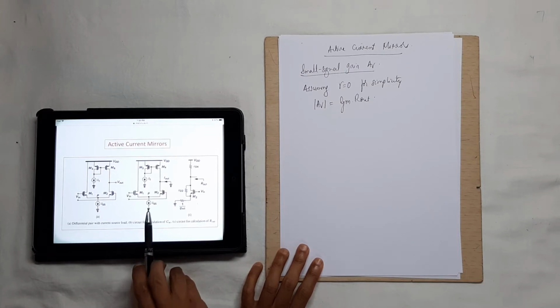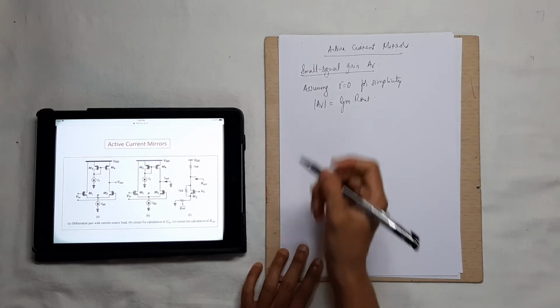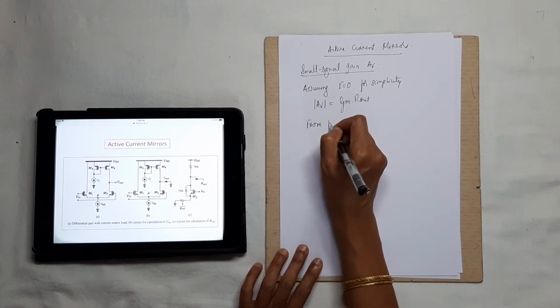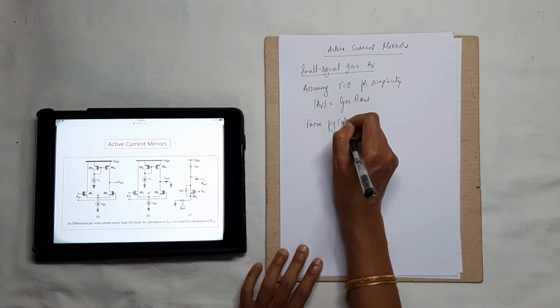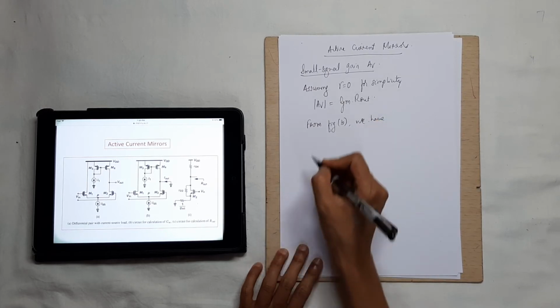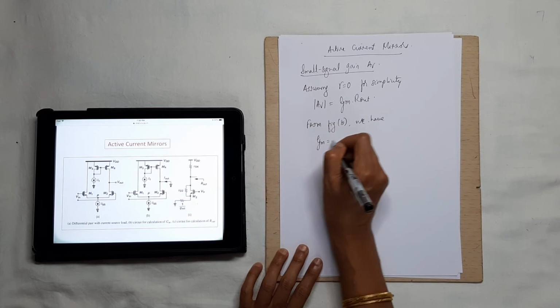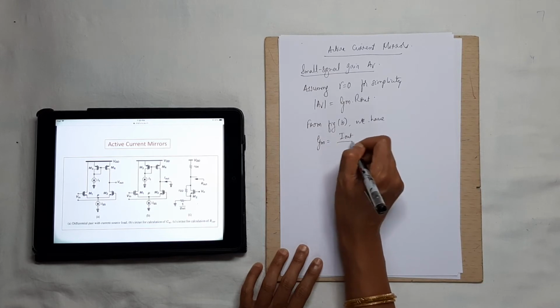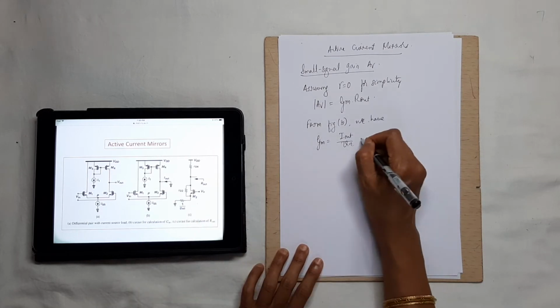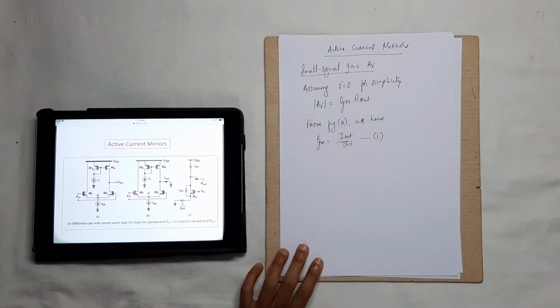From figure B, we have Gm is equal to I out divided by V in. This current divided by the voltage. Let us mark this as equation number 1.